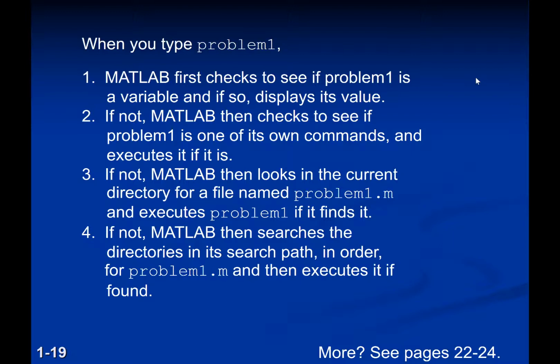We've got the workspace there, and if I type in the name of a variable, it will return the value of that. If not, it will check to see if it's one of its own commands and execute that. Now this makes for an interesting dilemma, in that key names such as cosine, for example, could be assigned as variable names.